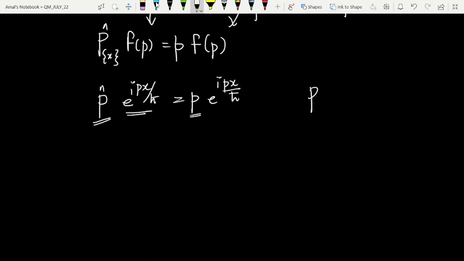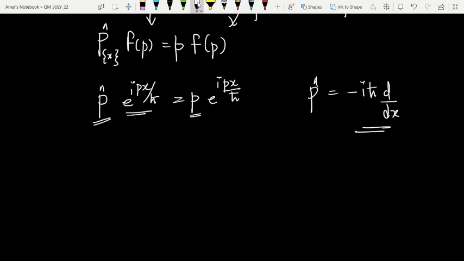So what is this? Easily we can see that it is just a differentiation. If we differentiate this function, the function will remain the same, but one ip by h cross comes down, but we have to somehow cancel that i and h cross. Then the form of p will be minus ih cross d by dx.